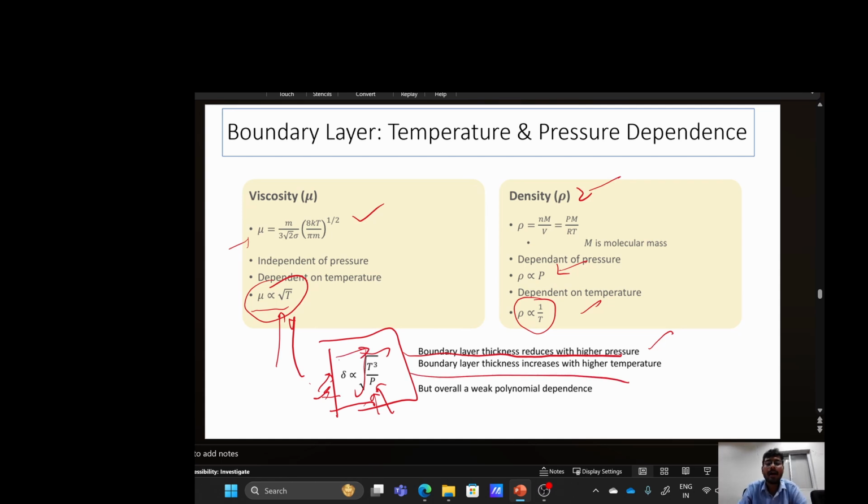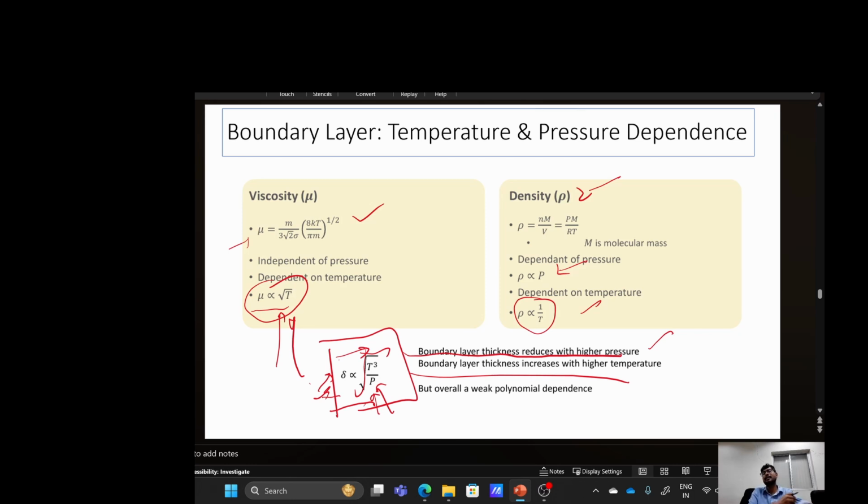There is not that much effect of temperature on delta, because it is weakly dependent on temperature and pressure. There are some things we have previously seen in the Arrhenius plot, where there is an exponential dependence on the temperature.